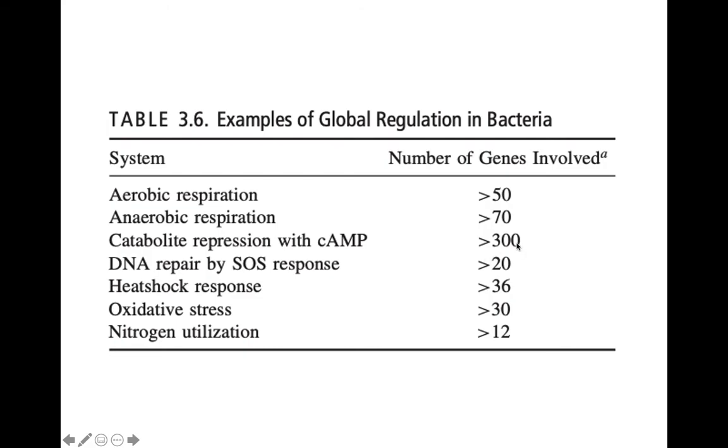So as a rule of thumb, we expect that regulatory processes will require the involvement of hundreds to thousands of genes, hundreds of operons, in order to ensure the smooth execution of the regulatory process. While the responses, hindi naman ganoon karami ang genes involved.